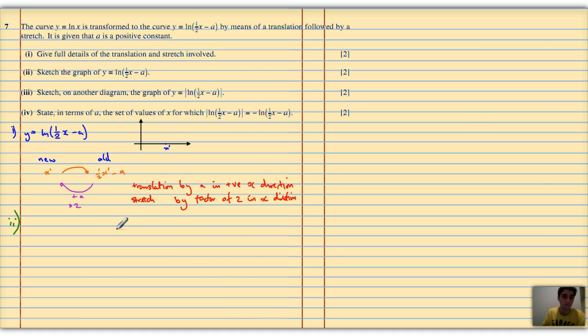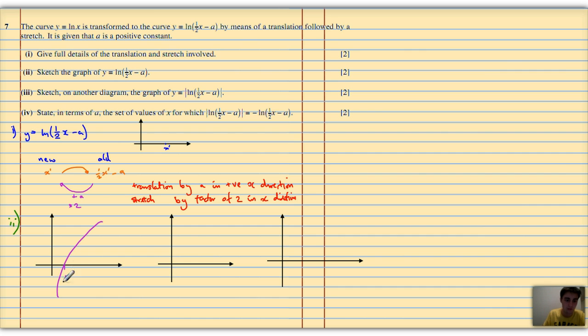Part 2. Sketch the curve y equals ln of (a half x minus a). I'm going to draw 3 sets of axes here, because I'm going to draw each transformation separately. The first one is just the original curve, y equals ln x.